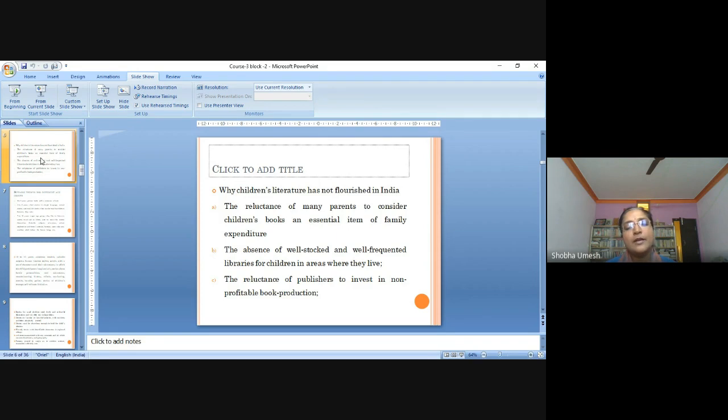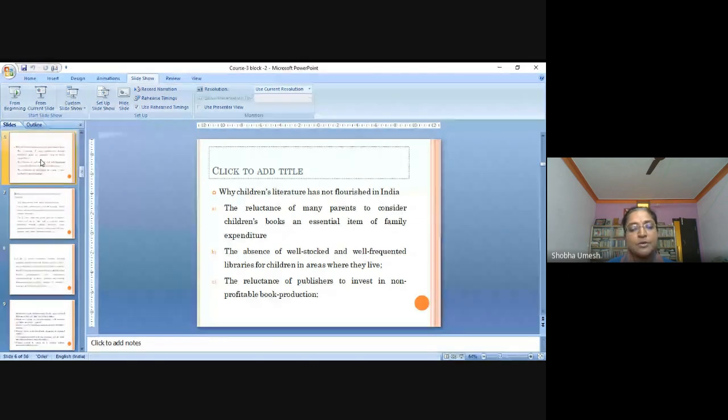And also there is reluctance of publishers to invest in non-profitable book productions, because nowadays people are commercialized, they think in the profitable way. So if they print children's books, it might not bring much income for them, so they hesitate to invest money in children's books where they are not going to get any kind of profit.